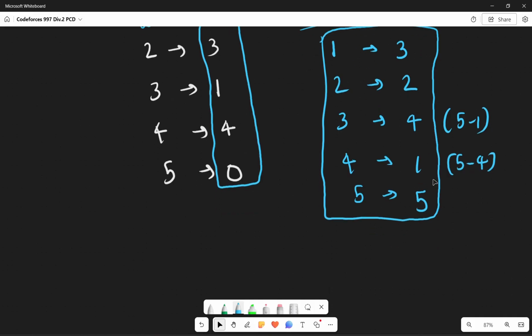And one more insight here is that when you check the number of permutations possible from 1 to n, it is n factorial, right? Makes sense? But when you check the number of graphs possible on n vertices, you'll get 2 to the power of nC2. Why?